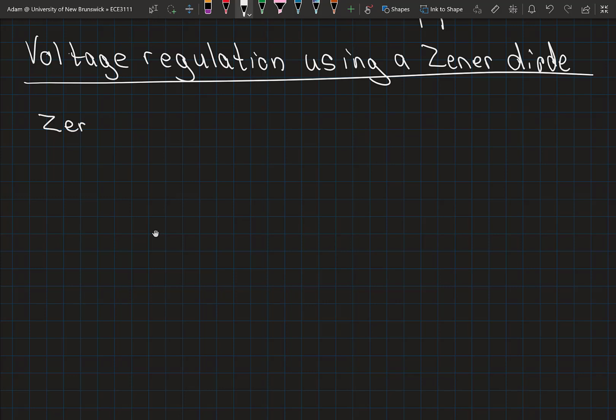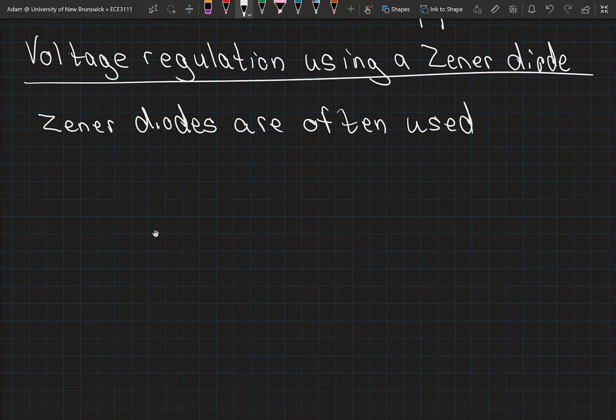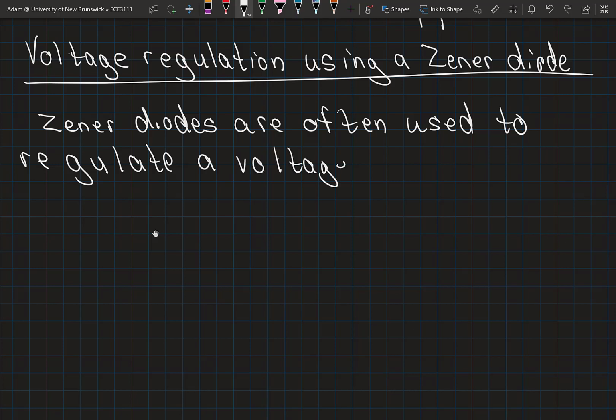Okay, so Zener diodes are often used to regulate a voltage in a circuit.